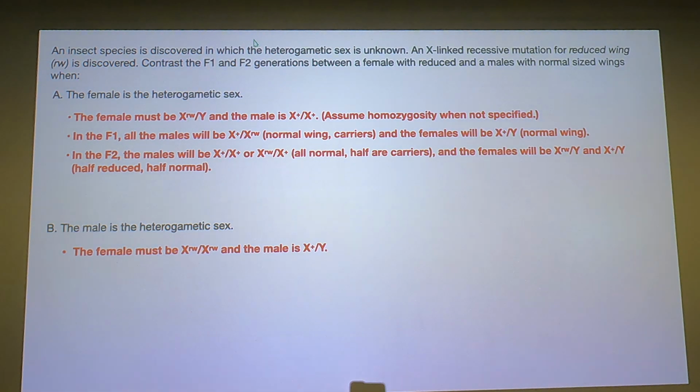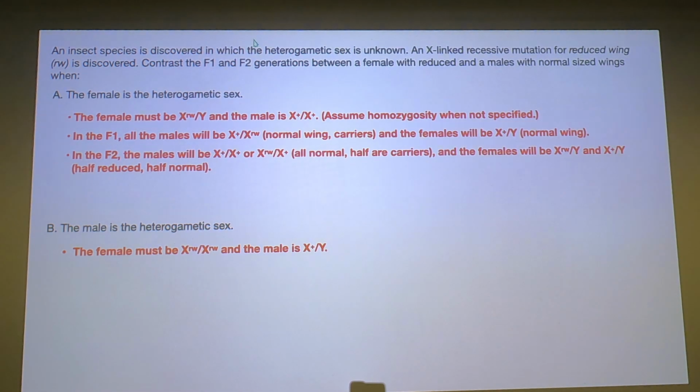And again, a hint for this kind of problem, it helps to be really methodical and first figure out what the genotypes of the parents must be. And then everything else just falls out easily. Okay, what will the F1s look like from this cross?